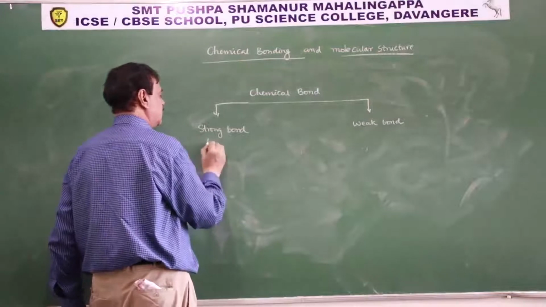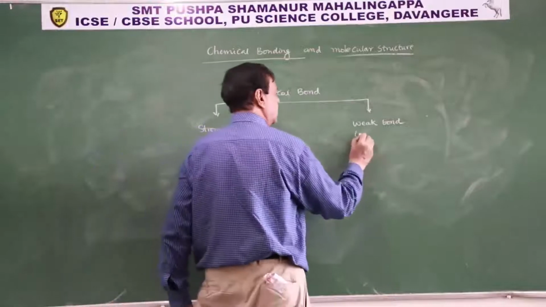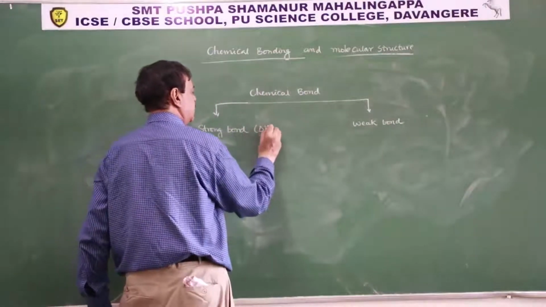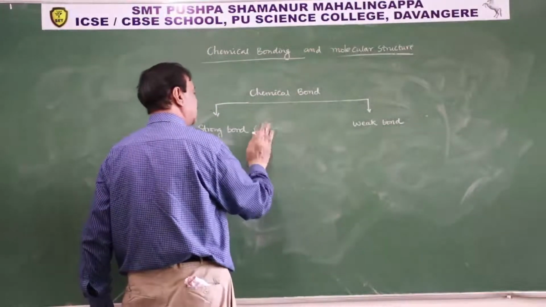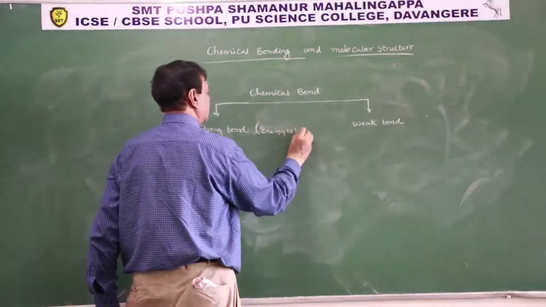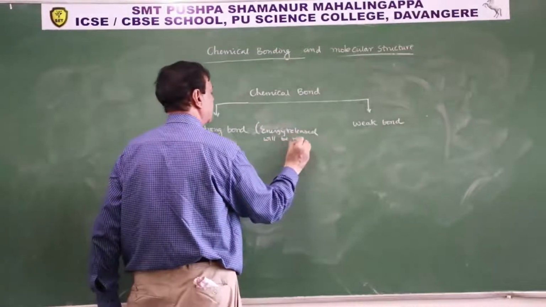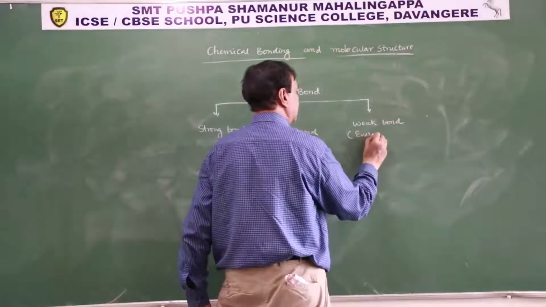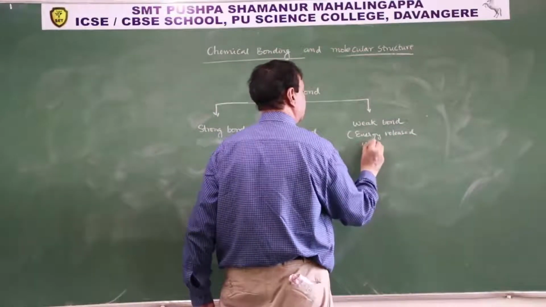In a weak bond, the energy released will be less. Suppose delta H is equal to minus, the energy released will be more for strong bonds.